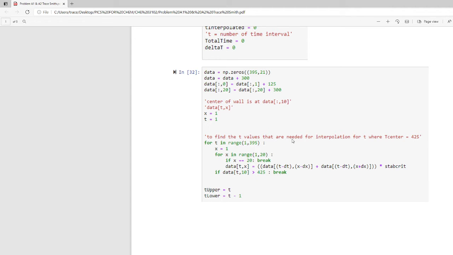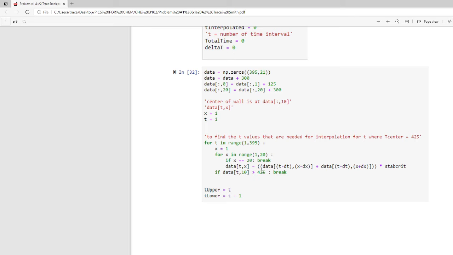So it would take you up 1, and then back 1 x, so minus 1, so you go up and left 1, you'd use that cell of the array, and then up 1, right 1, that cell of the array here, and you add those together and multiply by the stability criteria, which is 1/2. And then it kept running that for all 20 of those, excluding the left and the right, and it basically did it for the entire row.